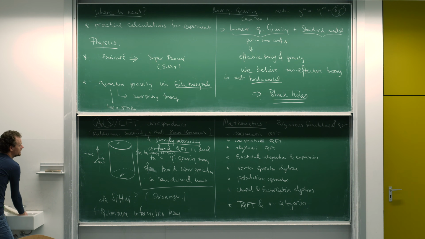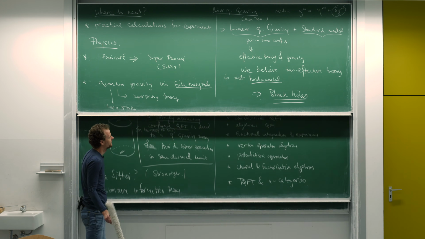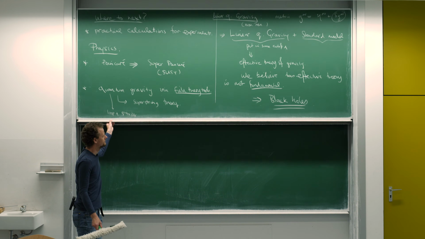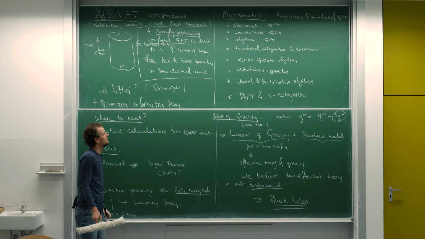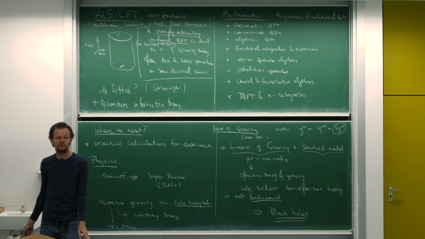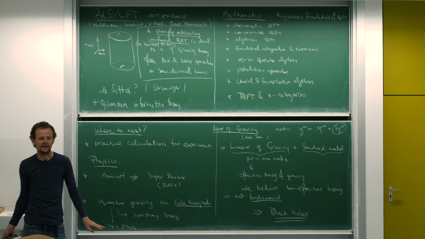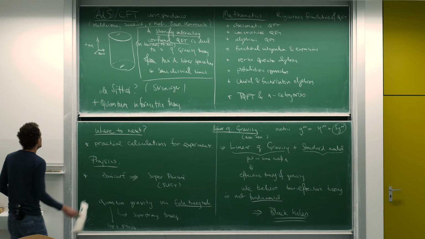The first is axiomatic quantum field theory. In axiomatic quantum field theory, what you want to do is isolate a bunch of axioms that you add to quantum mechanics that any quantum field theory ought to obey.